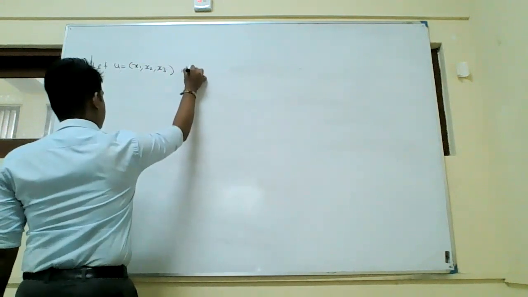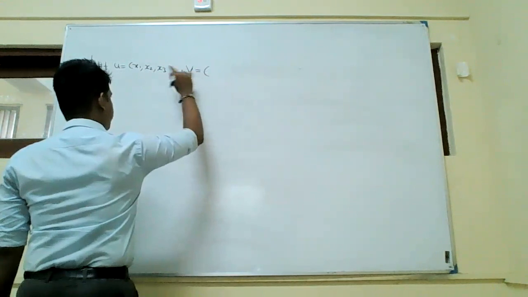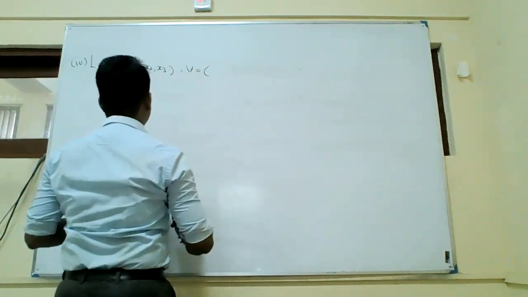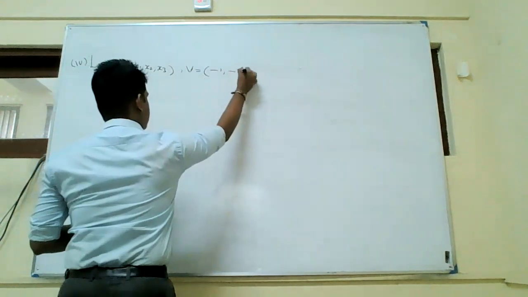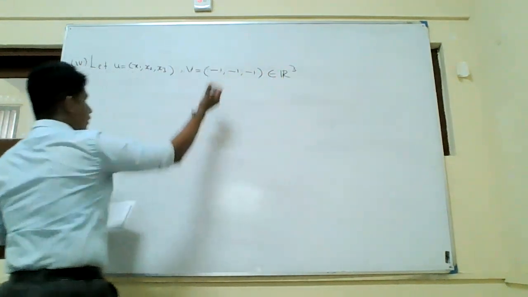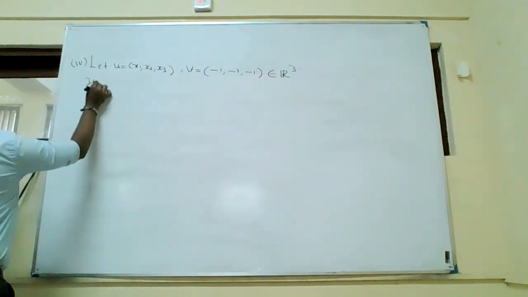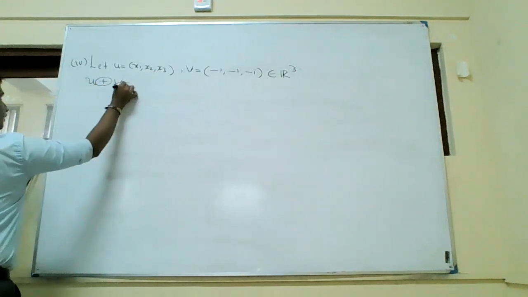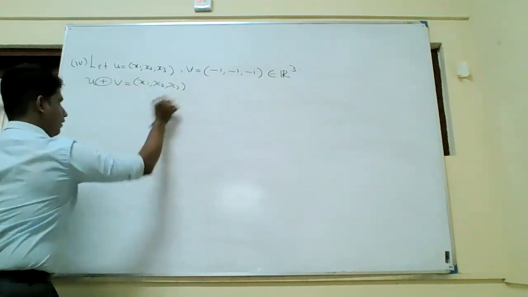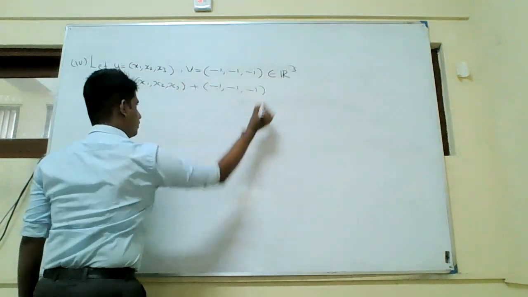and v. If v is your identity, then we will get again u, for the vector addition. It's minus 1, minus 1, minus 1. Usually belong to R cubed. If both vectors are in R cubed, then you can do the vector addition x1, x2, x3 plus minus 1, minus 1, minus 1.